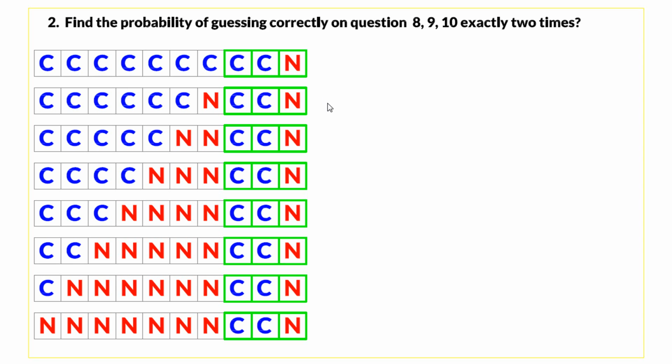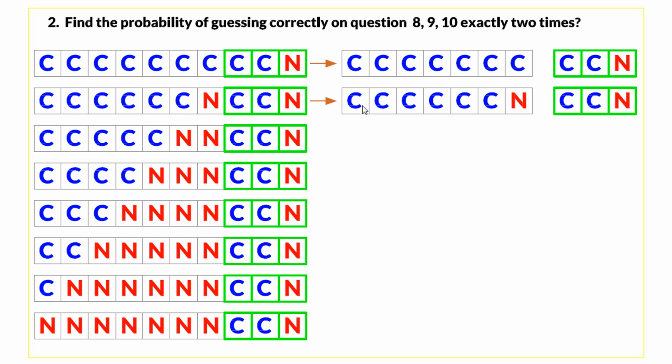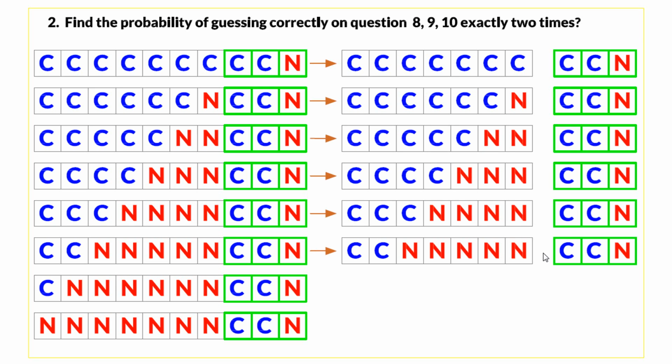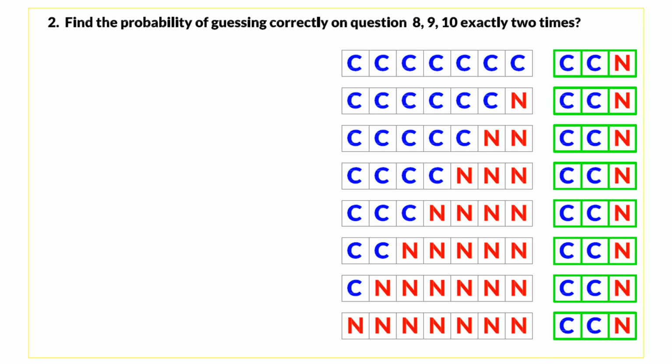So in this case we are going to separate the CCN from the rest of the sequence, and we are going to split each sequence into the sequence CCN and the rest of it, and we will keep doing that until we finalize all the sequences.